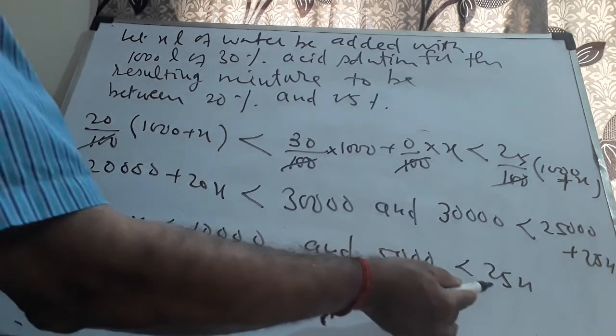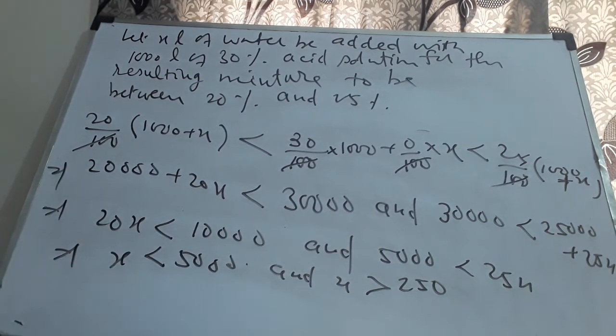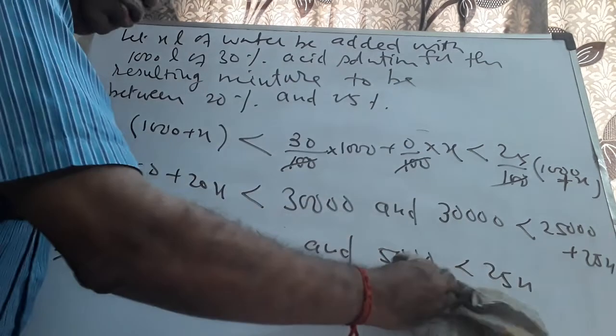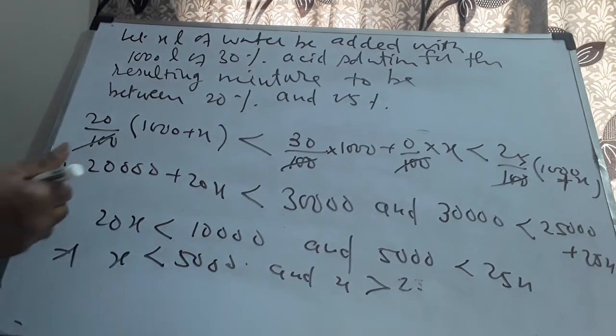Am I right? 200, sorry, not 250, 200. 25 twos are 50, two more zeros, 200.